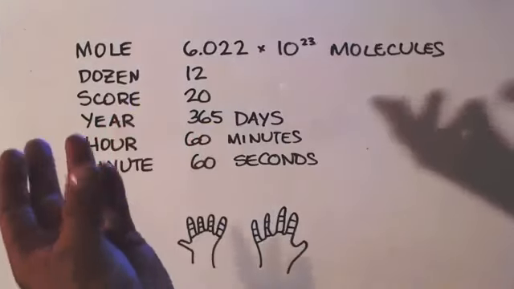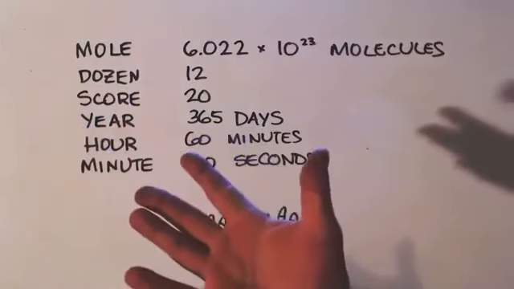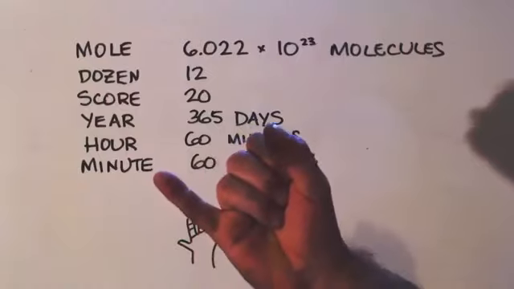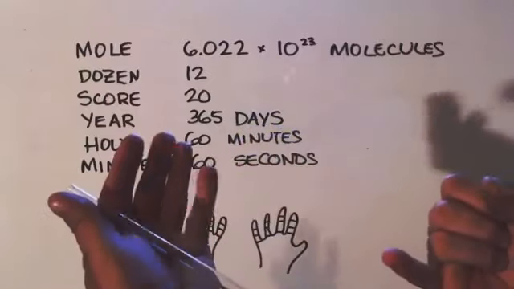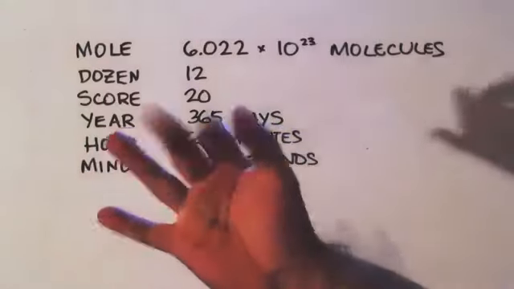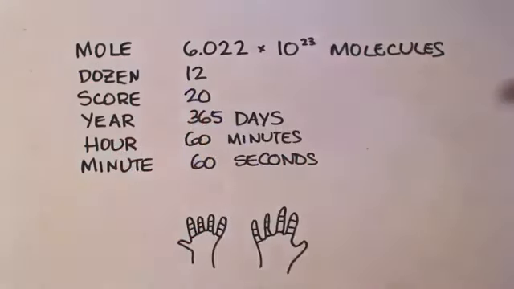Now, each time you got to 12 on one hand, you put up a finger on the other hand. Then you count another 12 and put up another finger. How many fingers are there? 5. 5 times 12 is 60. That's why they based it on 12 and 60. It was easy to count. They had no calculators. That's just a little FYI.